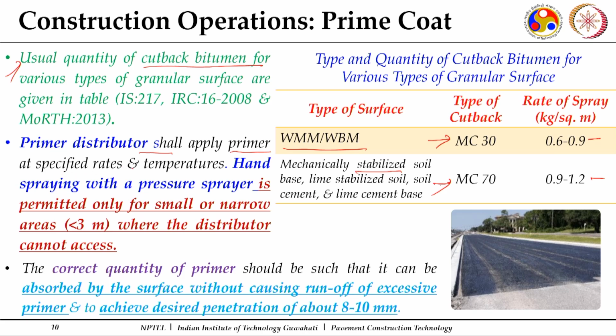Why are these pressurized spray distributors required? So that the required quantities and the required temperatures can be controlled. This is possible when we have these spray distributors. We have the binder tankers with spray distributors, with nozzles fitted at the rear end.